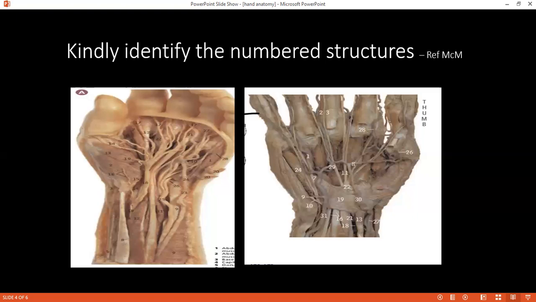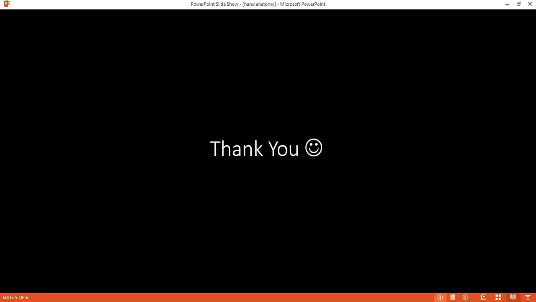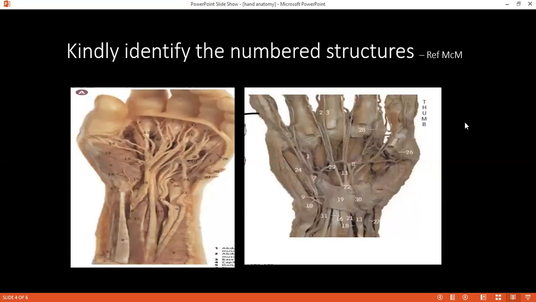Can you please tell me where the tendons of flexor digitorum superficialis and flexor digitorum profundus insert? Flexor digitorum superficialis inserts at the base of the middle phalanx, while the flexor digitorum profundus pierces the superficialis tendon and inserts into the base of the distal phalanx. How would you test flexor digitorum profundus?